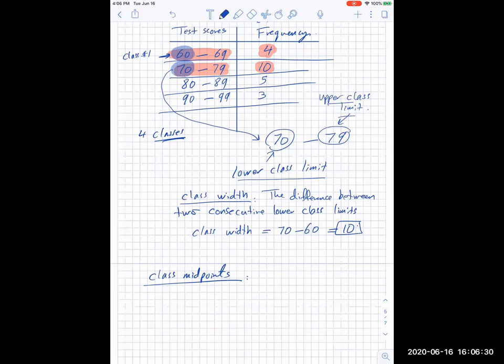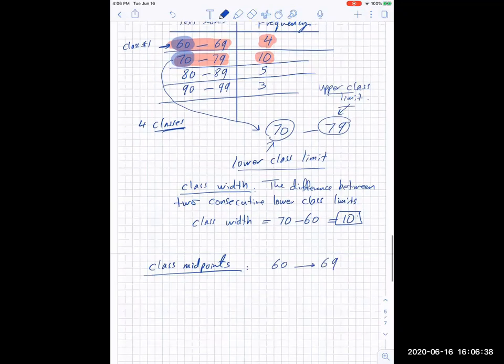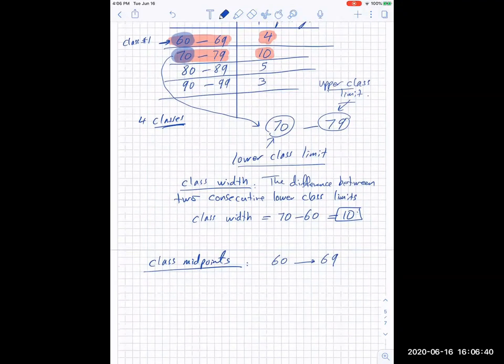This is what you do. Let's say your first class is from 60 to 69. How do you find the class midpoint? You take the lower limit, you add it to the upper limit, and then you divide by 2. That will give me 64.5.